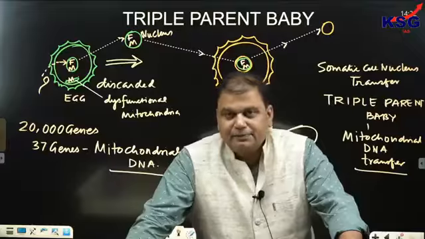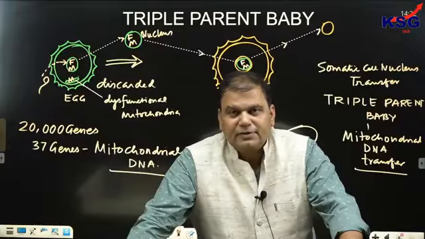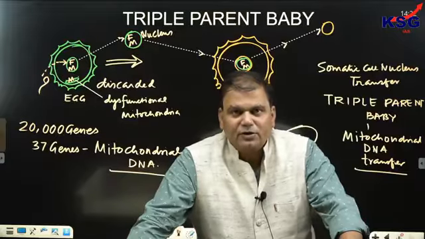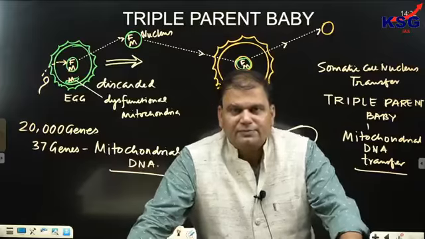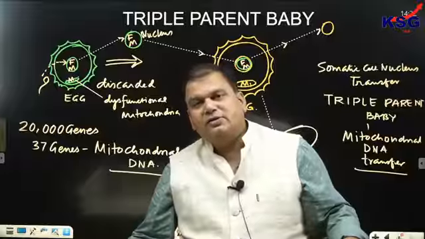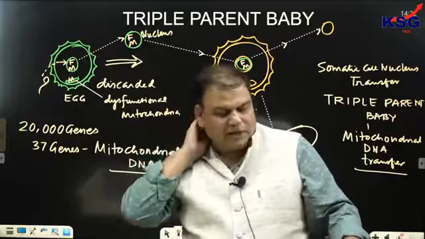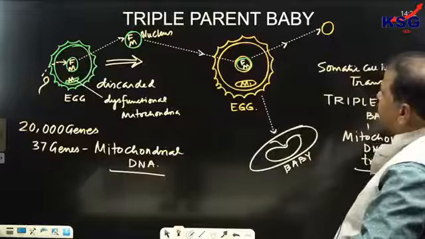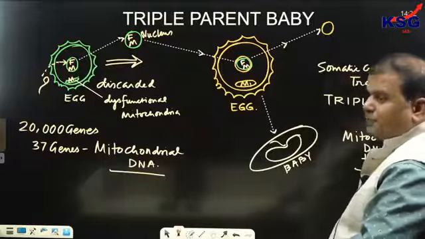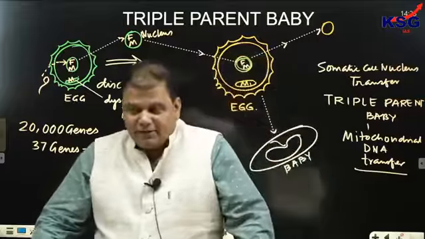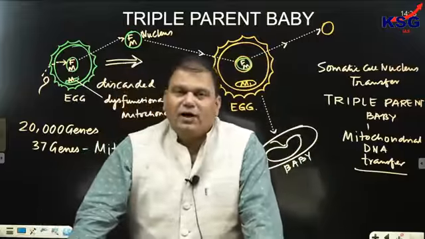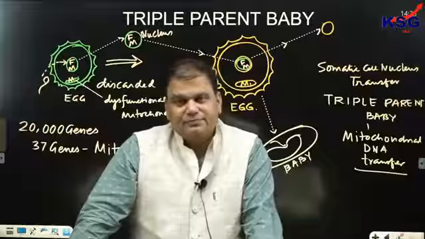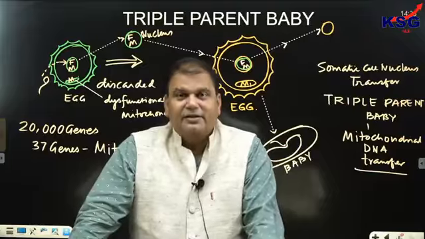The baby that is born would be free from mitochondrial DNA disorder, but would be having one father and two mothers. Clear? So this is called as triple parent baby.